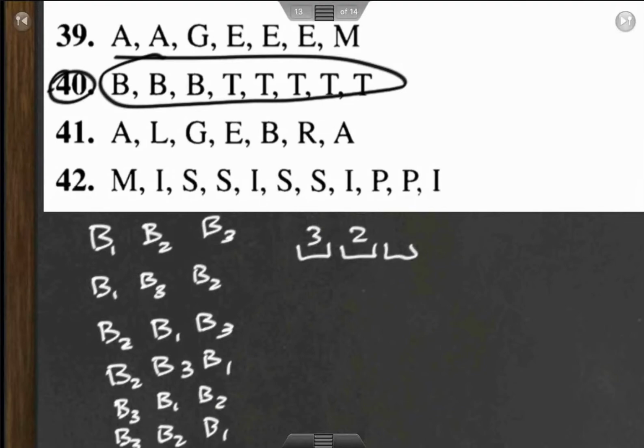And then the 1 B goes away, and there's only 1. Hopefully you guys can see this now. You can choose 3 times 2 times 1, which is 6. You can rearrange those B's 6 different ways, and this works for any number of letters. So what is 6? Well, it's 3 factorial.